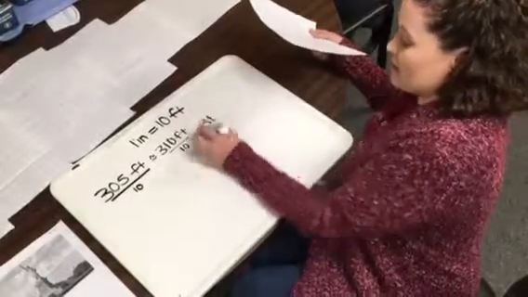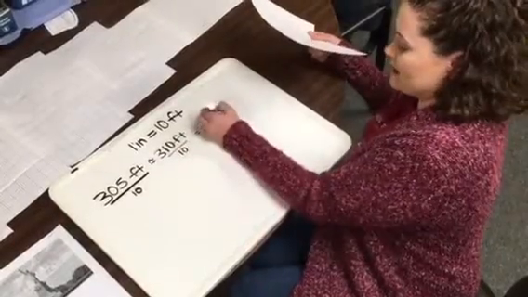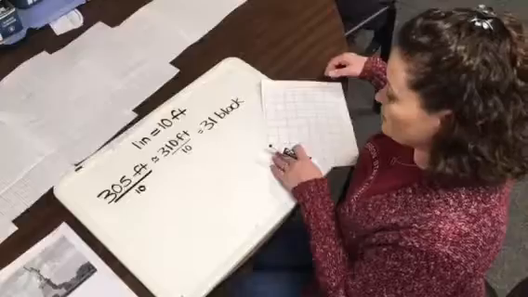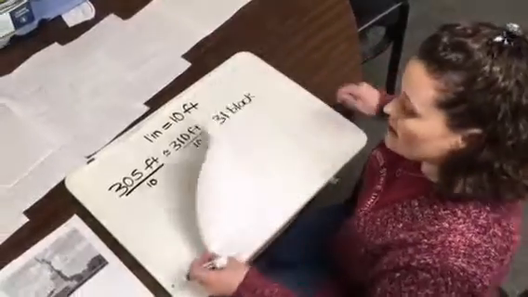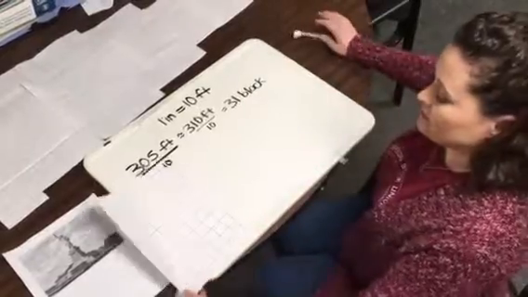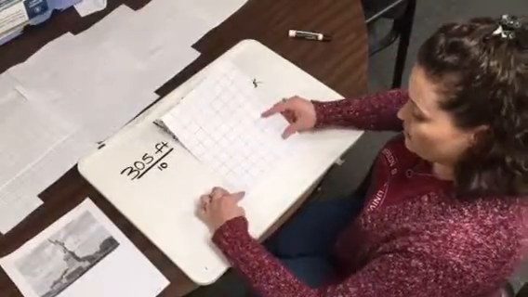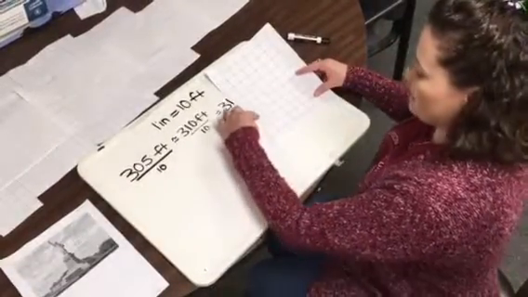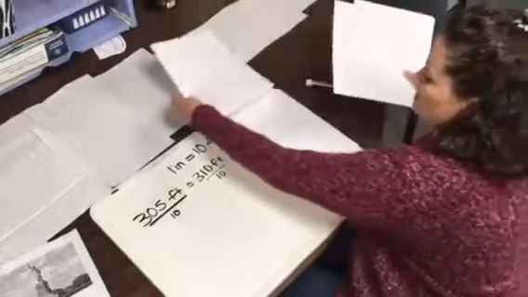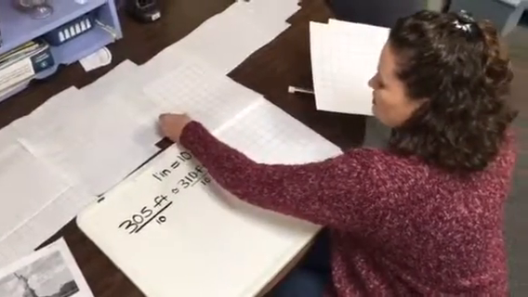Okay, so that means that 310 feet on our scale would be represented by 31 blocks. If I use that with this sheet of paper, I would count 31 blocks. 1, 2, 3, 4, 5, 6, 7, 8, 9, 10, 11. 11 on one sheet, plus another 11 is 22.